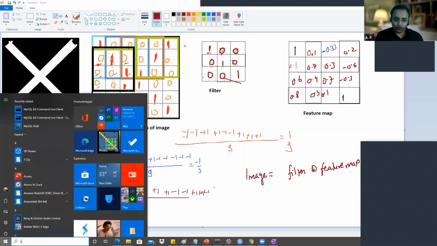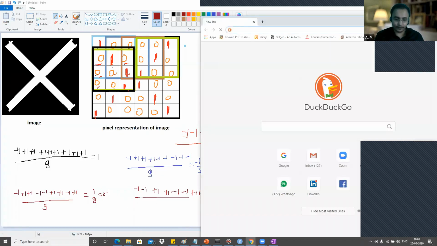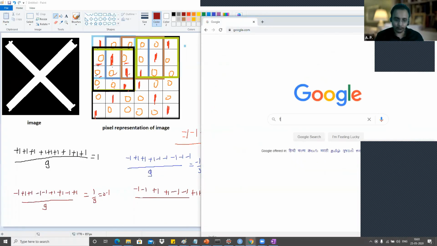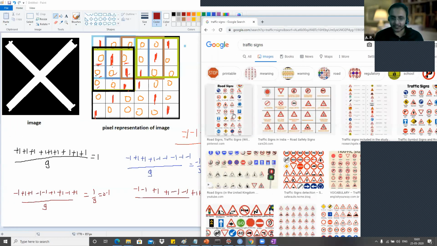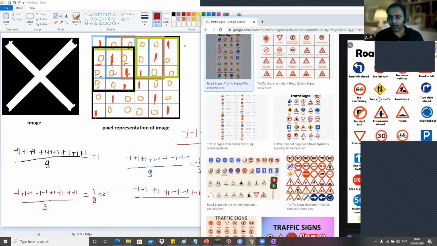If I show you traffic signs, let's say they look like this. So are traffic signs going to have more complex features, or is a face going to have more complex features? Yeah, same thing for color images as well, Justin, right?